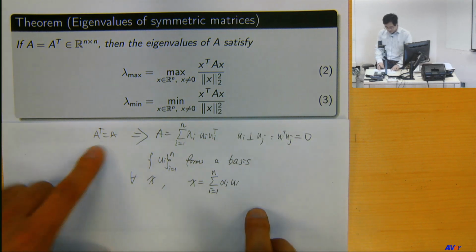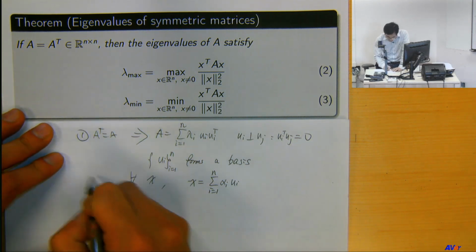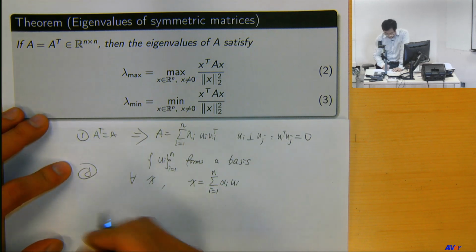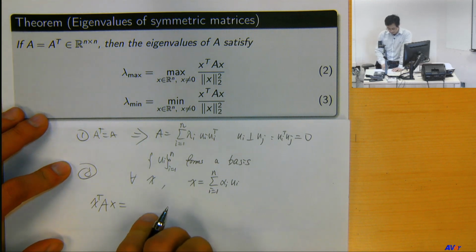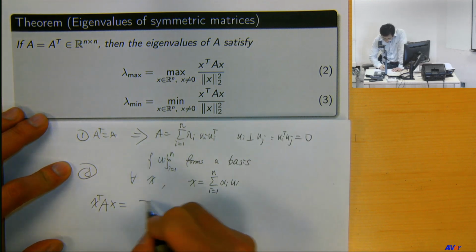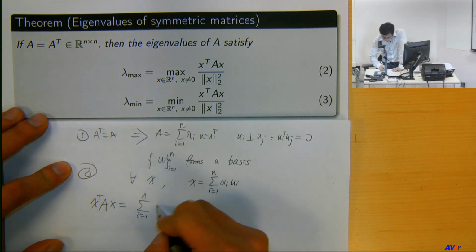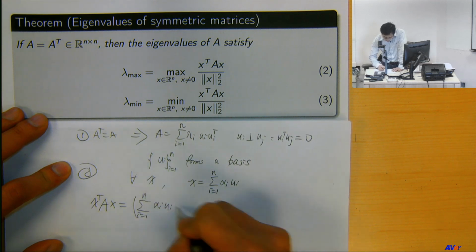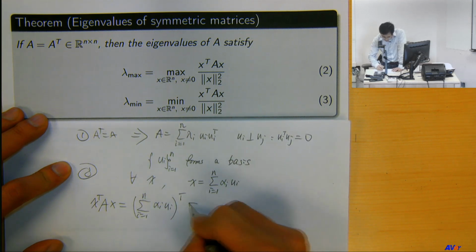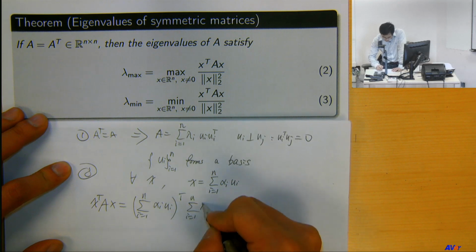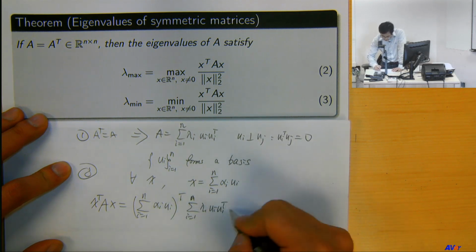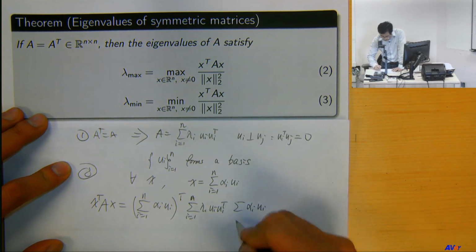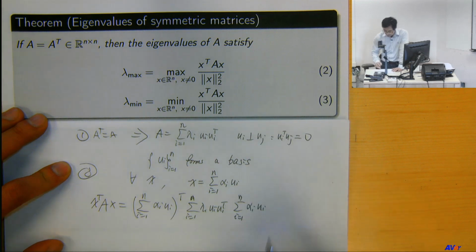Then because of these two results, we can see that x transpose A x, this energy-like quadratic function, equals x decomposed transposed, times the spectrum decomposition, times x decomposed.